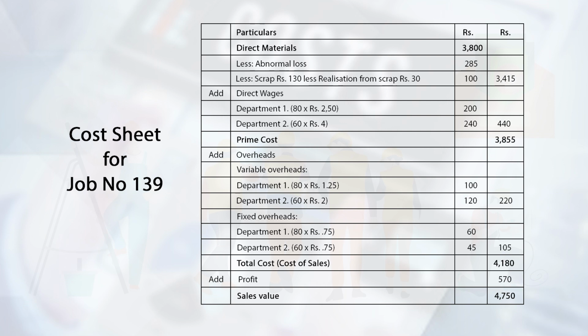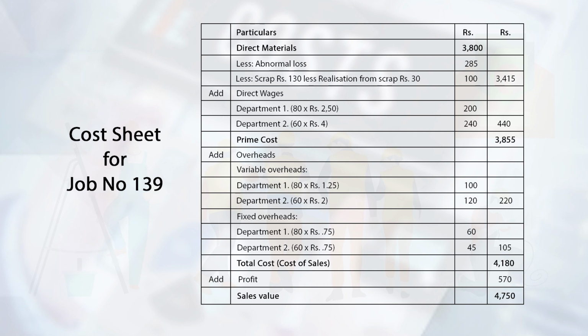In that, add overheads. Variable overheads for Department 1: 80 into rupees 1.25, that is rupees 100, for Department 2: 60 into rupees 2, 120, making total overhead 220. Fixed overhead for Department 1: 80 into 0.75 giving amount rupees 60, for Department 2: 60 into rupees 0.75 giving amount 45, making total fixed overhead rupees 105.